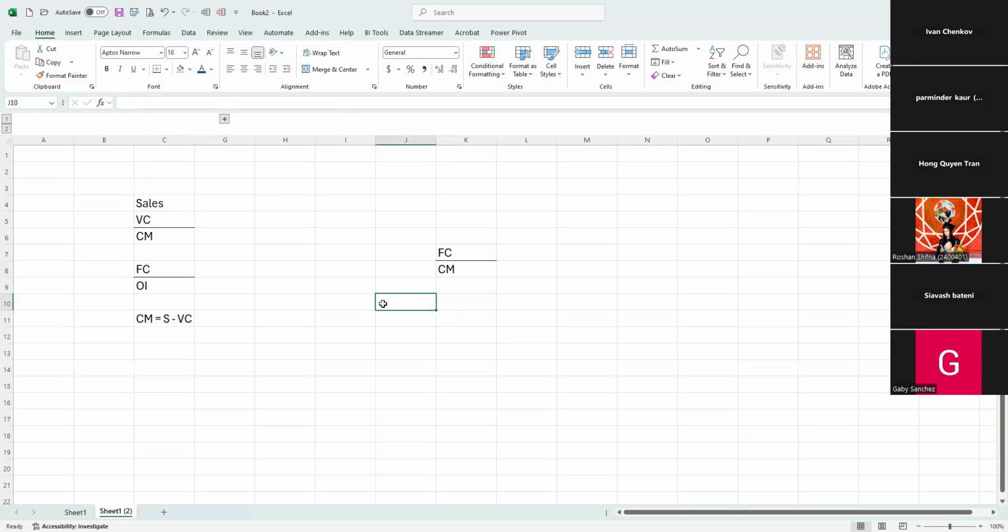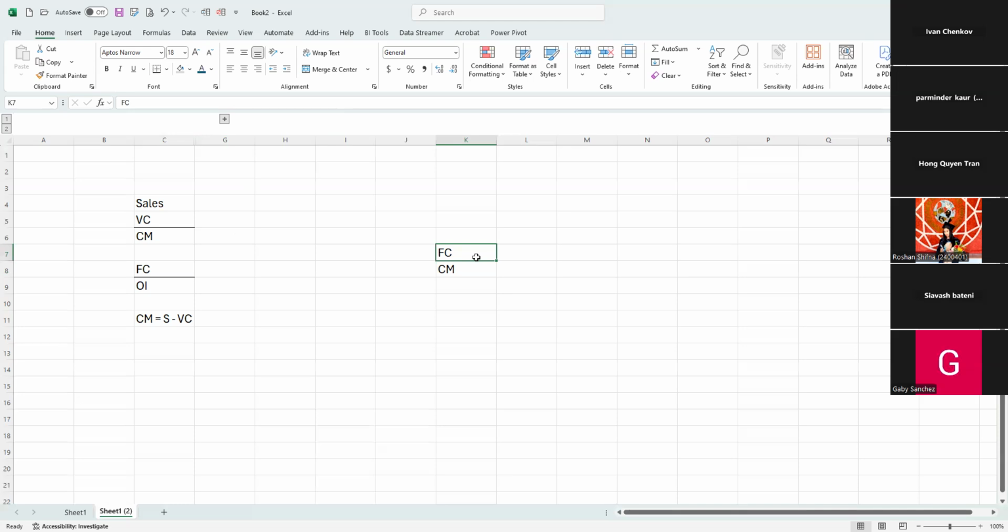Yes, sir. Right. But this is only words here. If we want to put the numbers, then everything changes. Because fixed costs can be expressed by dollar amount. Now the contribution margin can be expressed by dollar amount and percentage.